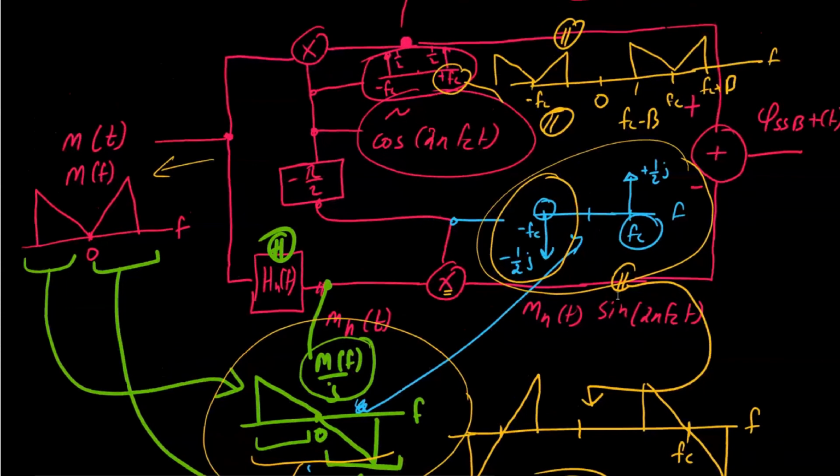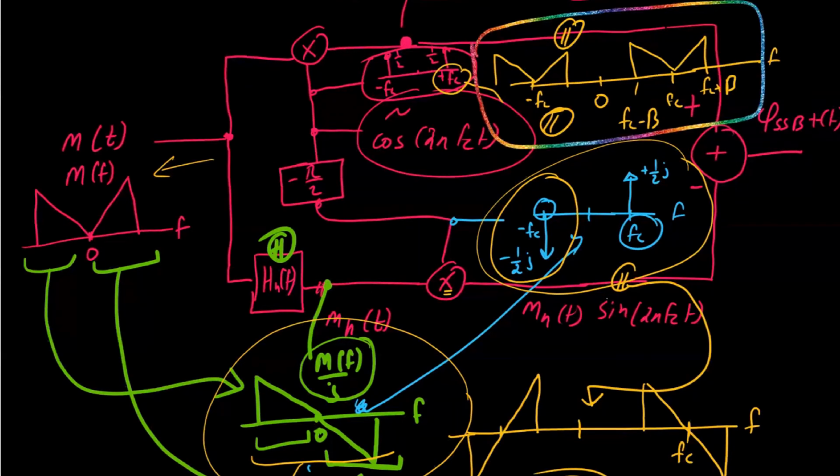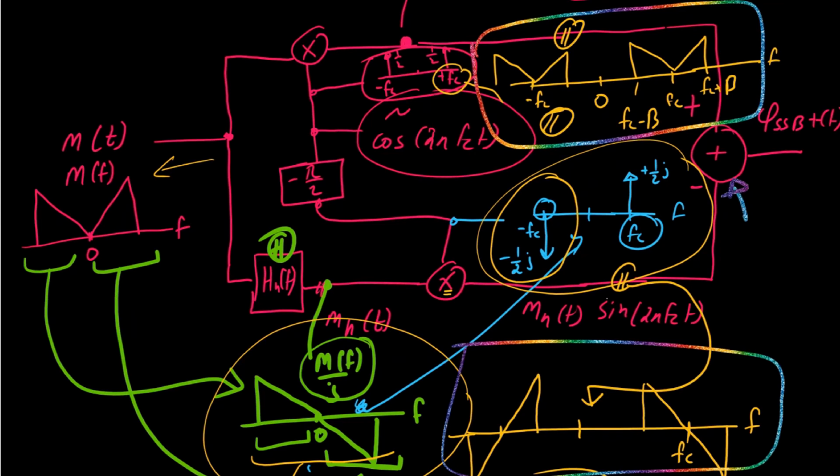So now we have these two spectrums and we have the summation with 1 plus and 1 minus. The first one is this one, and the second one is this one, and they are being added over here, right?